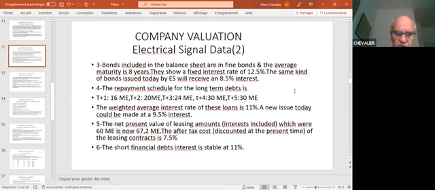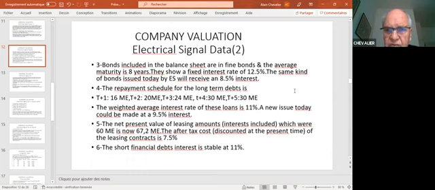They were issued at a 12.5% fixed interest rate, and today on the market, for the same kind of issuer, same risk, the interest rate will be 8.5%. It means the valuation of the risk is not the same today as it was a few years ago.